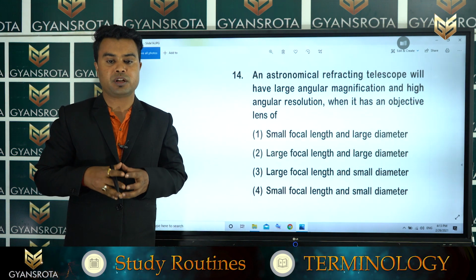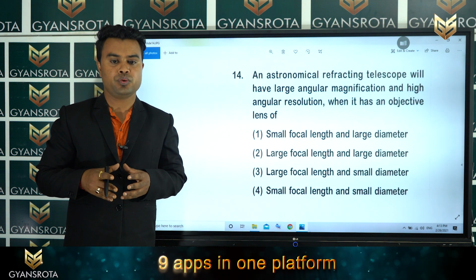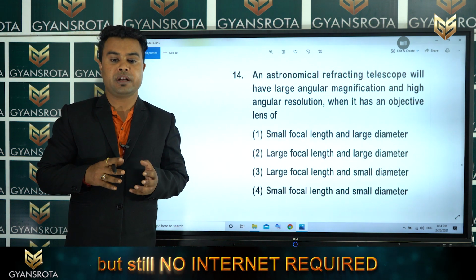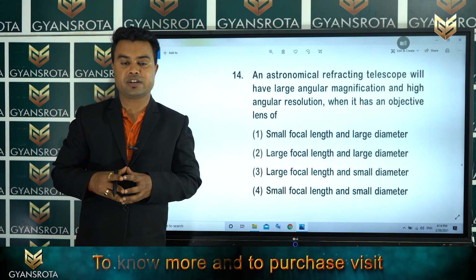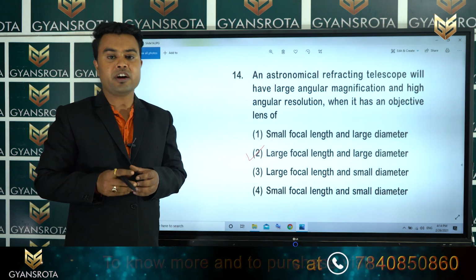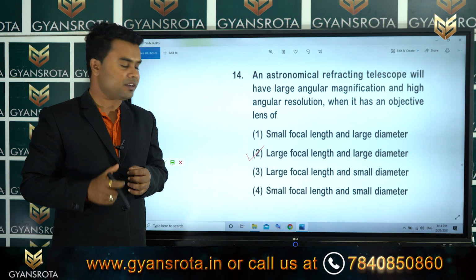So option number 1, small focal length, no. Large focal length and large diameter, true. Number 3, large focal length and small diameter, no. Number 4, small focal length and small diameter, no. So your answer will be option number 2. This is from the chapter Ray Optics. Study the topic astronomical telescope. There only you will find that.